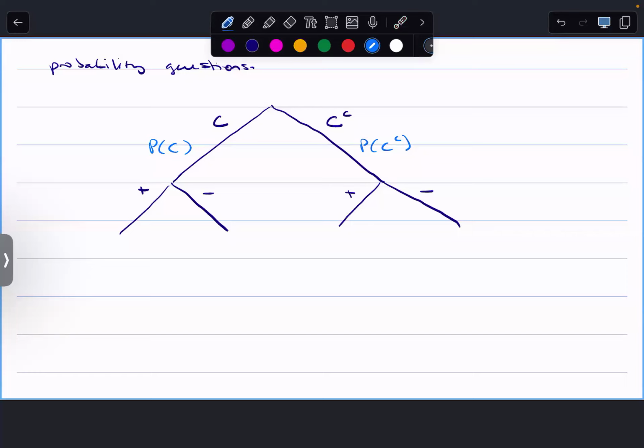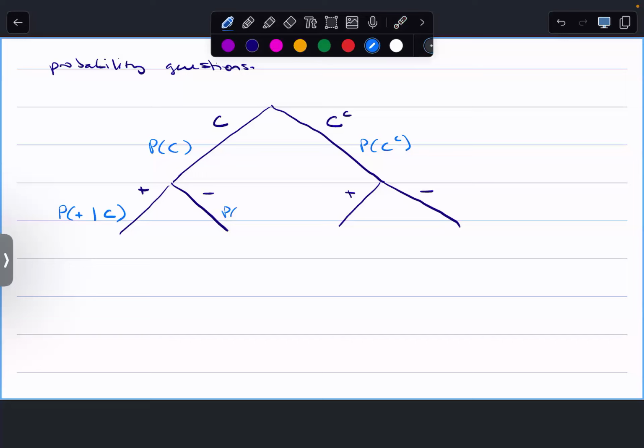I don't want to redo the entire question, but what we were saying was that the probability of a positive given cancer is the probability that I put in on this branch, right? 1 minus that is going to be the probability of a negative test, given that they're down the cancer branch.